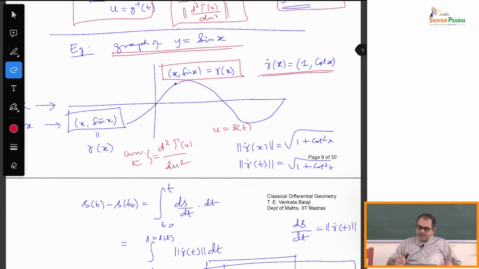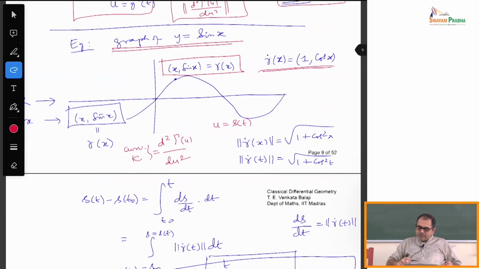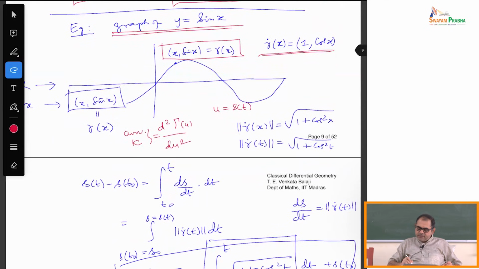But if you think about it, there is this relation that ds by dt, which is the speed, is the rate of change of arc length with respect to t. The speed is the magnitude of the velocity, so this has to be equal to norm gamma dot.